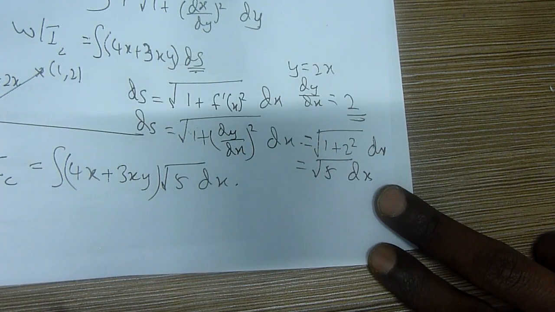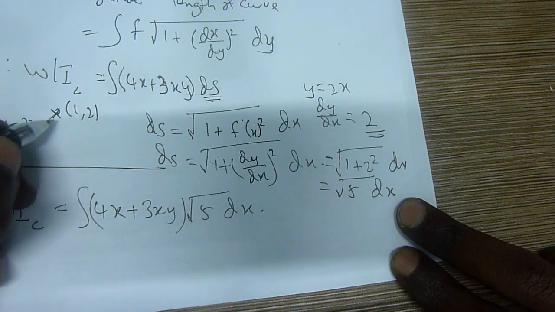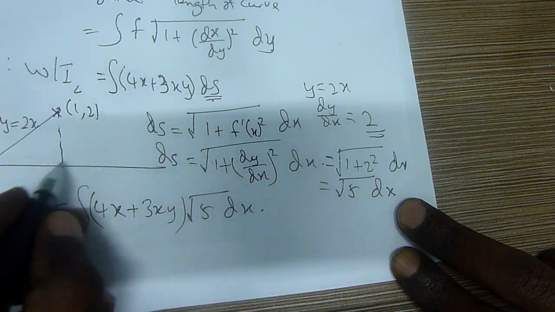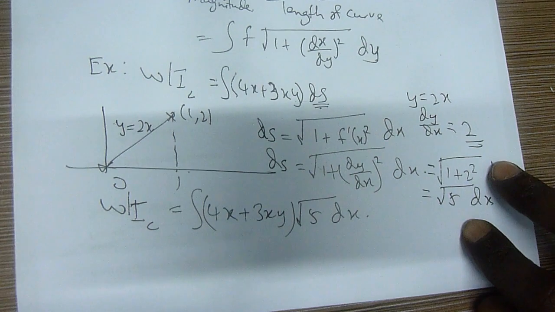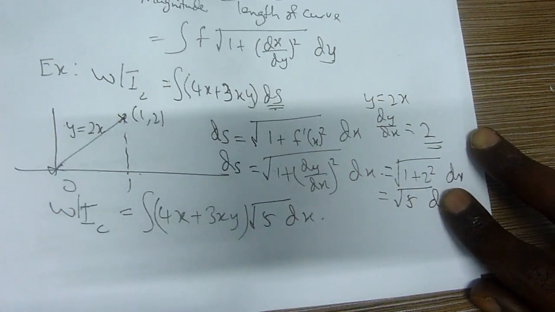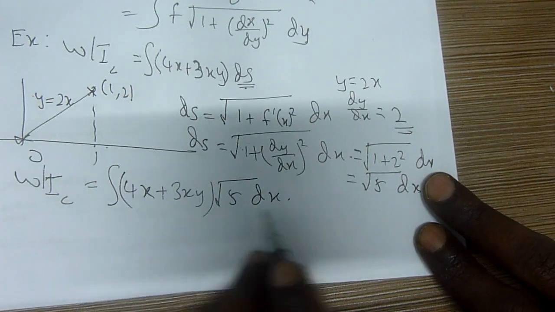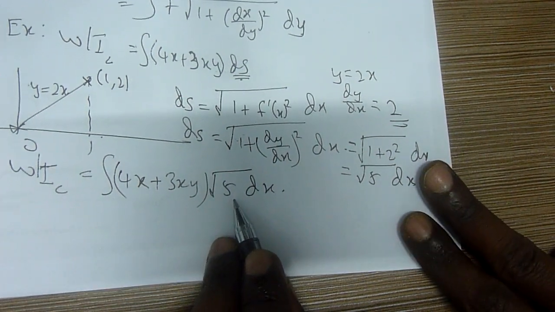What is the range? If I use a dx base, the range is 1 to 0. I hope the coverage is clear, and you can see all that I'm doing here.